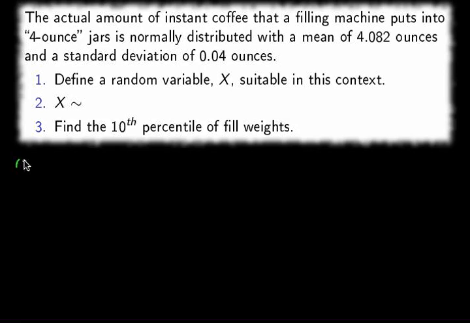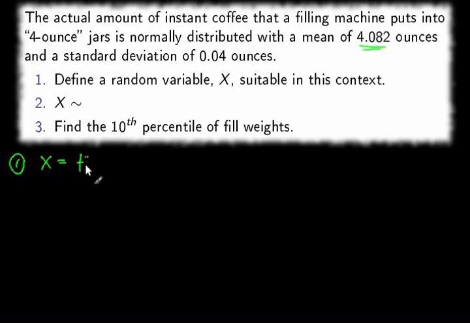Well, what's variable is the amount that's actually put in the jar. Even though the jar says there's 4 ounces, there's actually, on average, 4.082 ounces. So a little bit more, with a standard deviation of 0.04 ounces. So in any case, the variable is the amount of coffee actually in the 4-ounce jars.